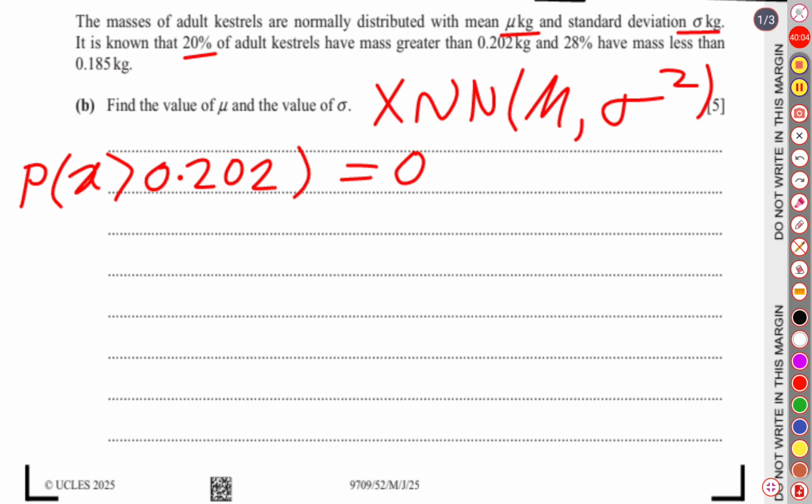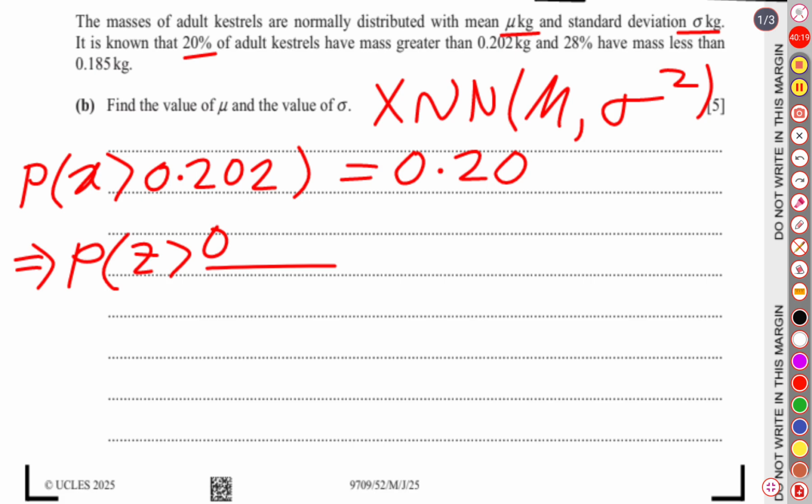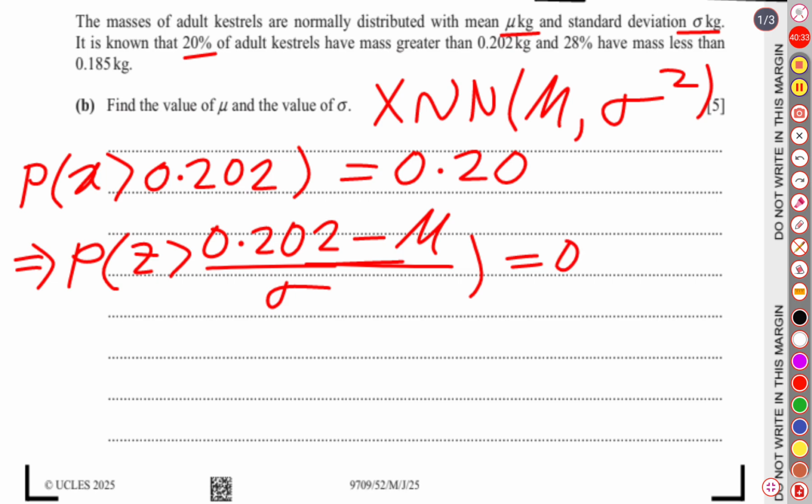So 0.20 is the probability. Probability is given. We will have to find the corresponding z-score. So if we standardize this, it is going to be z greater than 0.202 minus mu, because the mean value is missing, over standard deviation, which is sigma, equal to 0.20.